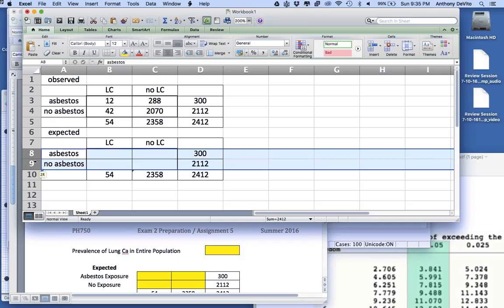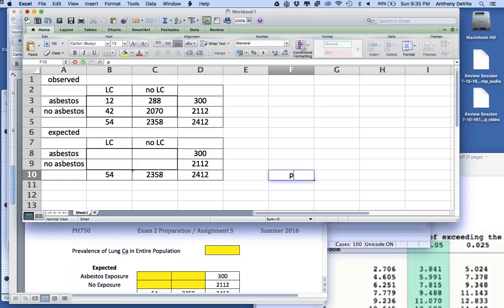So we expect that everybody in the sample or the population got lung cancer at the same rate. So what we would like to know is what's the prevalence for lung cancer in this population? Anybody want to speculate on what the prevalence is? How would I calculate the prevalence here? Take a wild guess.